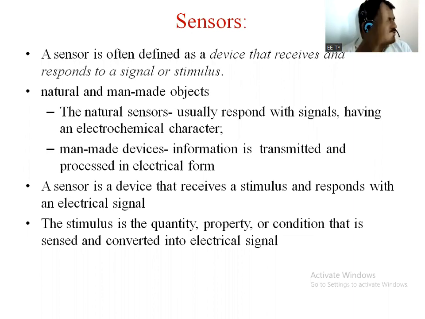So the sensor will be set to some value. Once it is set, if the temperature goes above that, it will stop giving the heat. So it is nothing but a property of a material, or the condition of that object, the object condition.